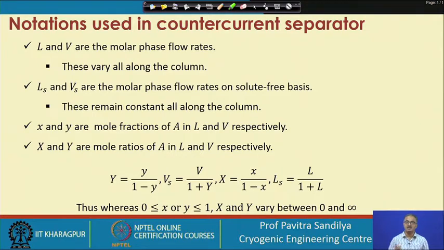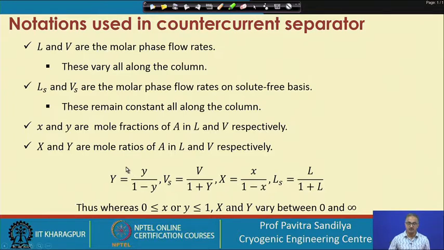In this case, if we assume that only species A is getting separated, we can take the rest of the species as one single pseudo component. So, when we talk of the mole ratio of component A with respect to the rest of the components, it means the number of moles of component A divided by the number of moles of the rest of the species in the mixture.